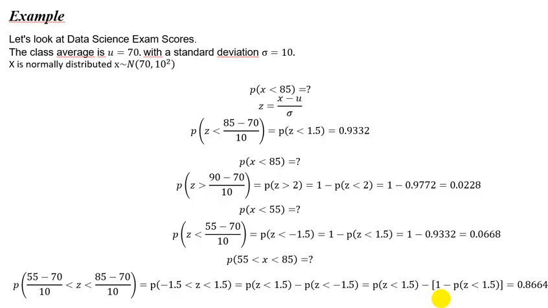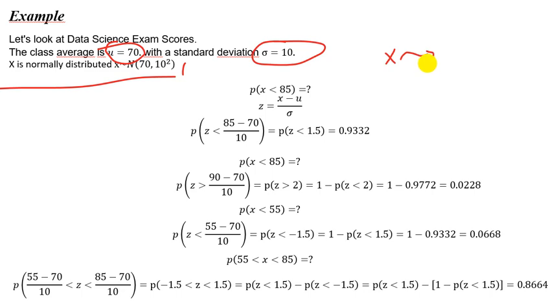So we have this information about the data science exam score. We know the average mu is 70, we know the standard deviation is 10, and we have also this information that our random variable x is normally distributed, so we can write x follows the normal distribution with two parameters.